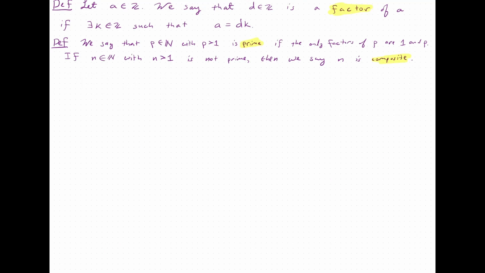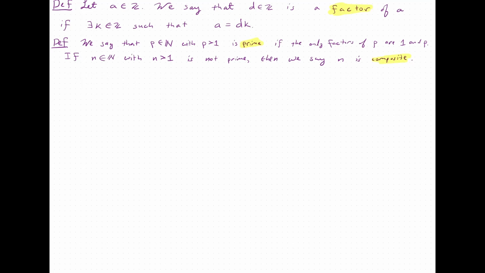So in our last lesson, we talked about what it means for a number to have a factor. Specifically, we define for some integer a that an integer d is a factor of a if we can find some integer k such that a can be written as d times k. Now we can define formally what it means to be a prime number.